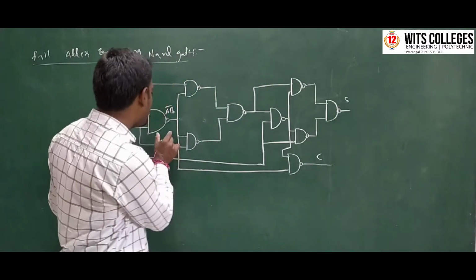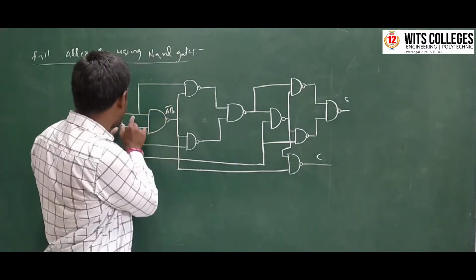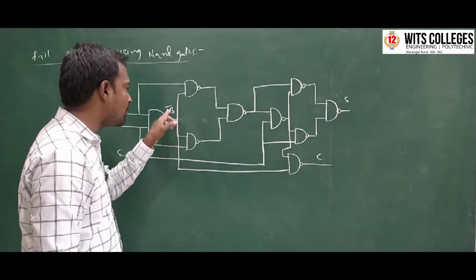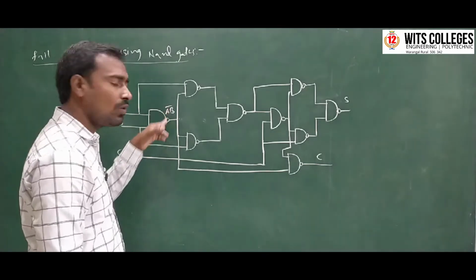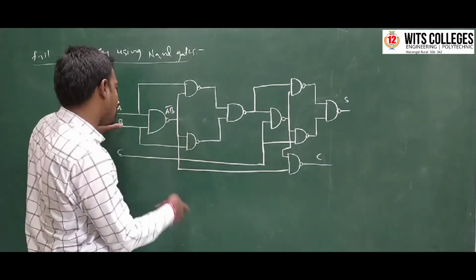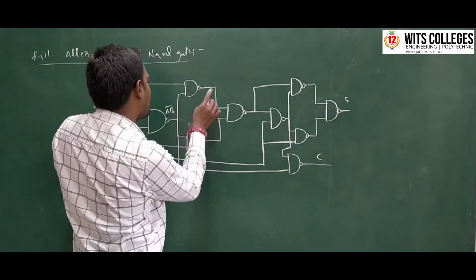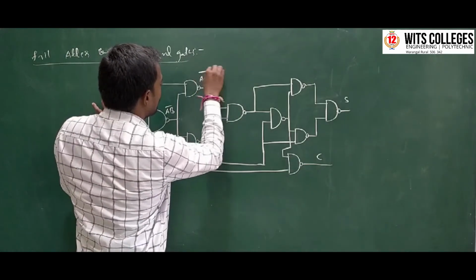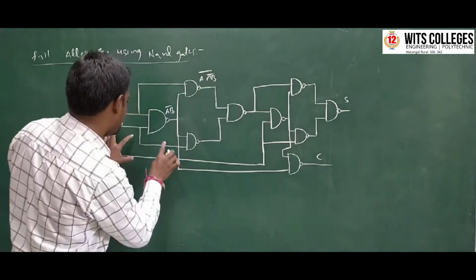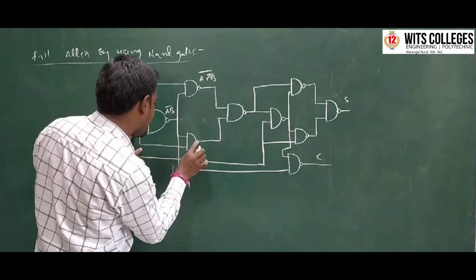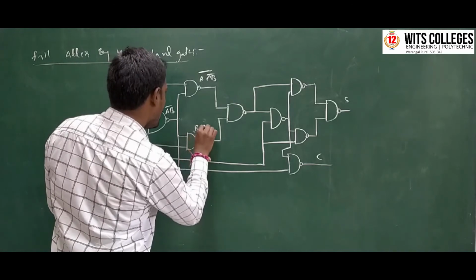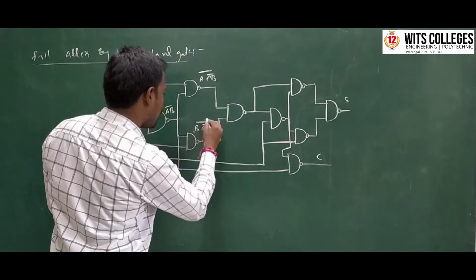So here I am giving both inputs A and B to this NAND gate, and this gives the output of (A into B) whole bar, and this NAND gate gives the output of A into (A into B) whole bar.